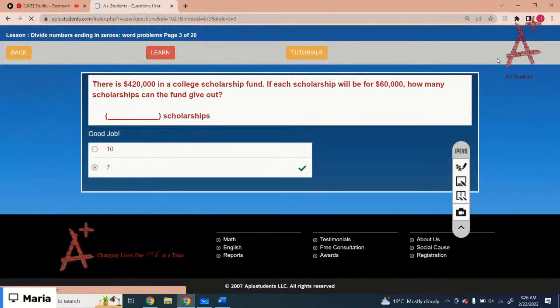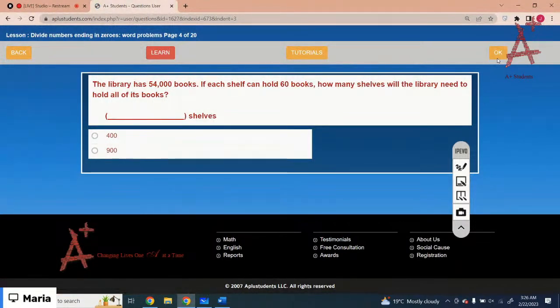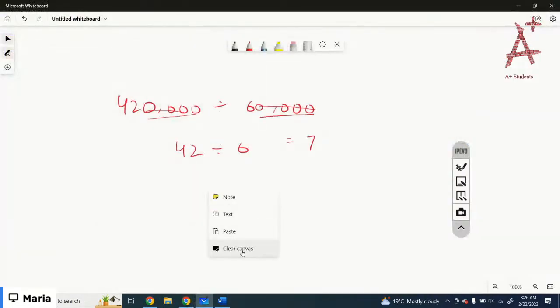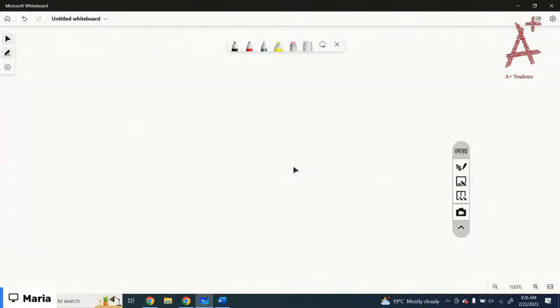Okay, the next one is the library has 54,000 books. If each shelf can hold 60 books, how many shelves will the library need to hold all its books? So you have to divide 54,000 divided by 60. In the dividend you have 3 zeros and in the divisor just 1 zero, so you can cancel out the same number of zeros. 0 and 0 can be cancelled out.